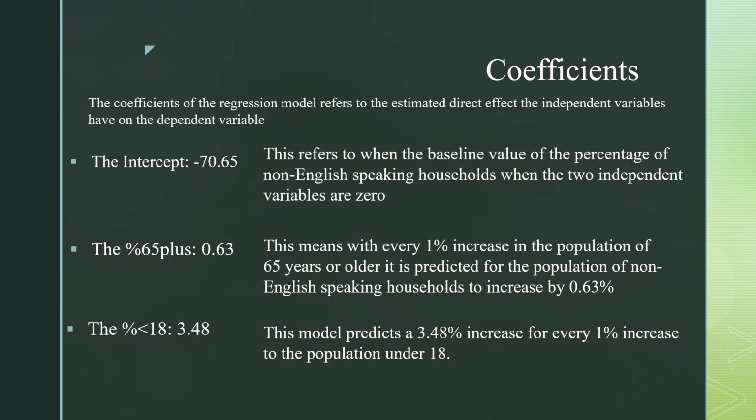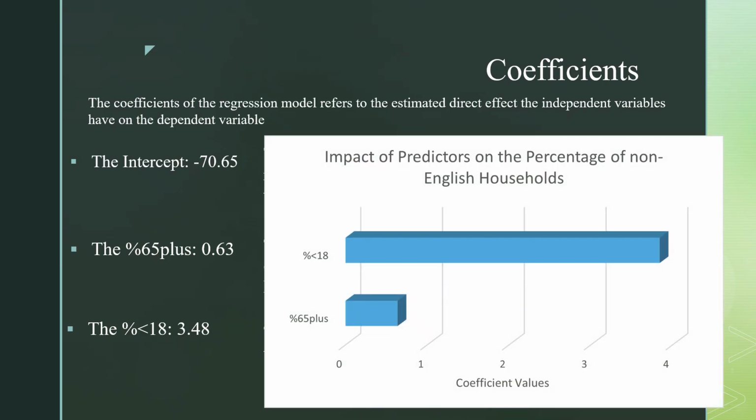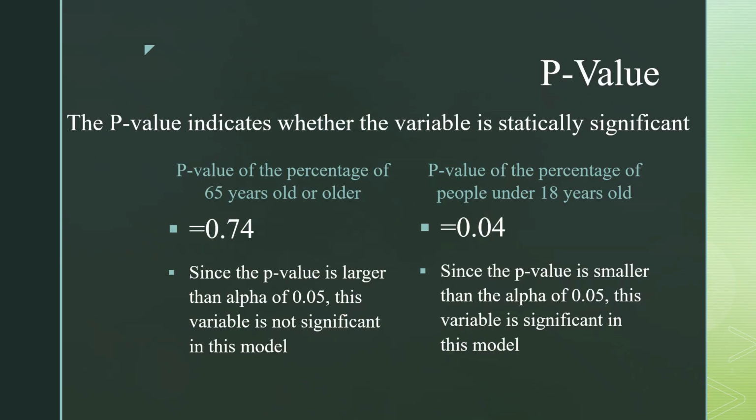This is also the case for the population of people under 18, as it predicts a 3.4% increase for every 1% increase in that population of under 18. This chart visualizes the effect of these two age groups' coefficients. While both are positive, the percentage of under 18 has a larger effect on the dependent variable.